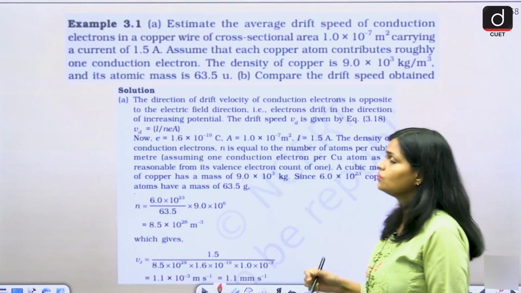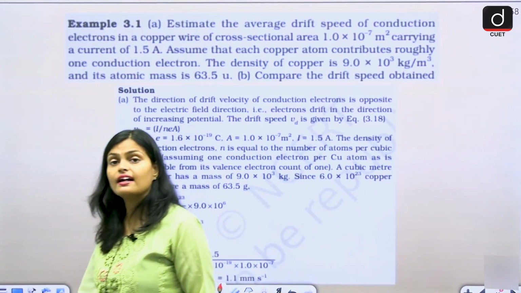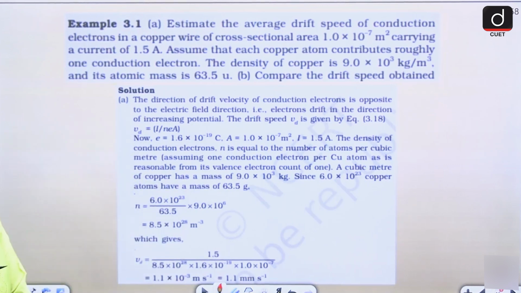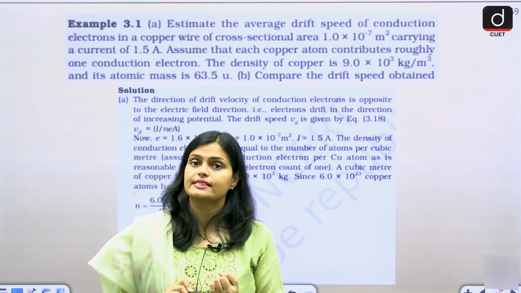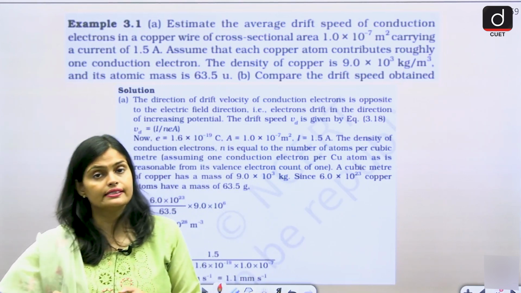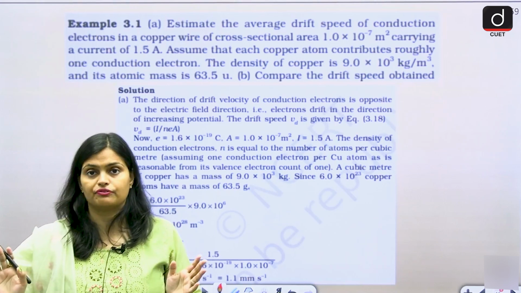This is one of the numericals from your NCERT in-text book. As you all know, for both your CUET and CBSE exams, you have to prefer the NCERT book only.